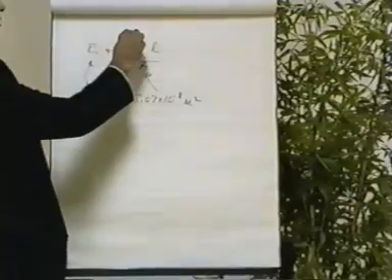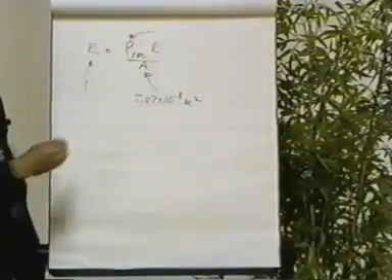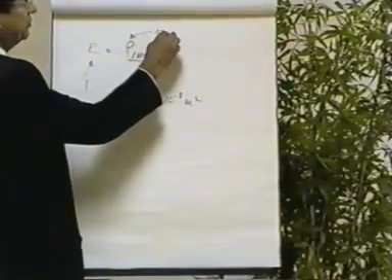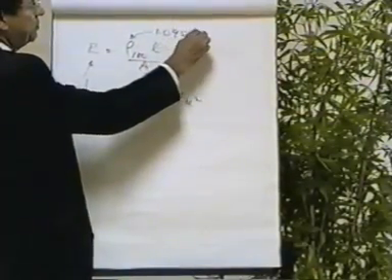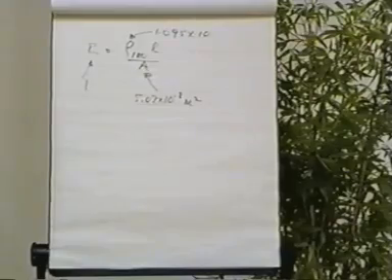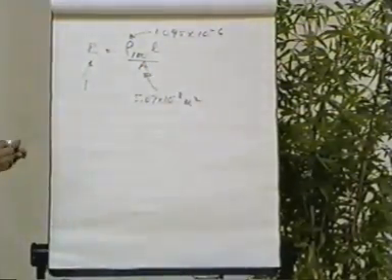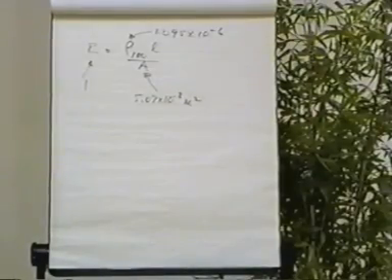We know rho, which we just found, and that was equal to 1.095 times 10 to the minus 6 ohm meters. So in this equation, the unknown is L.